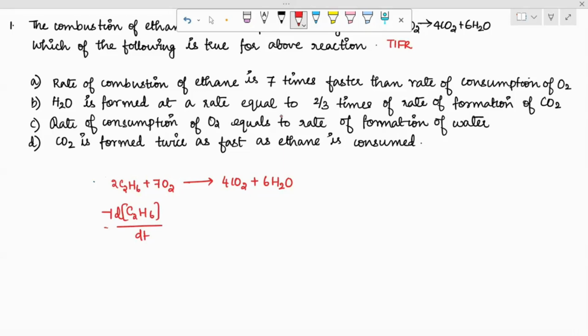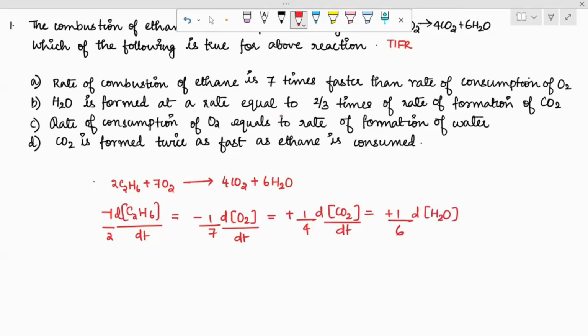So this is going to be 1 by 2 into d concentration changes of ethane by dt, which is equal to minus 1 by 7 dO2 by dt, which is equal to plus 1 by 4 dCO2 by dt, and that is equal to plus 1 by 6 dH2O by dt. Okay, so this is how you represent the rates of the reaction.